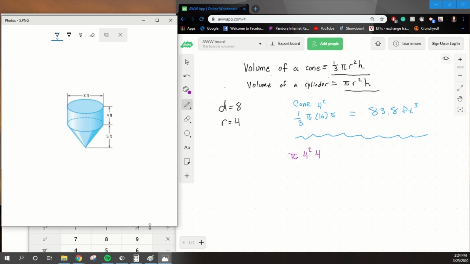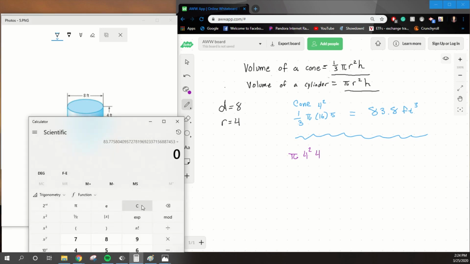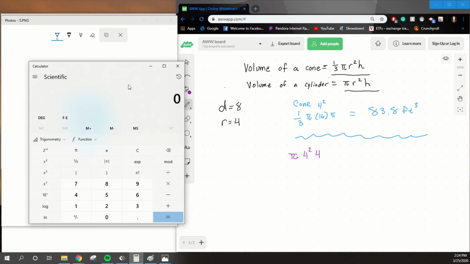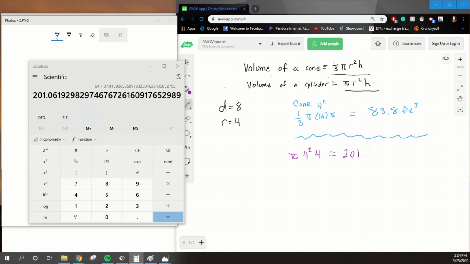So pull out your calculator, and you have 4 squared times 4, or just 4 cubed, times pi. Enter. So the volume of our cylinder is 201.1 feet cubed.